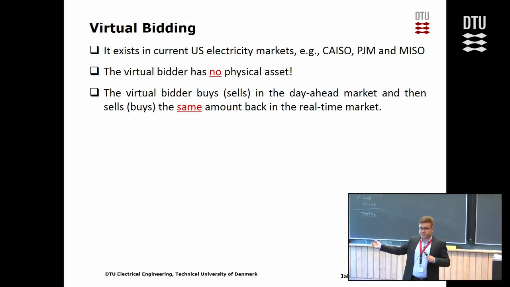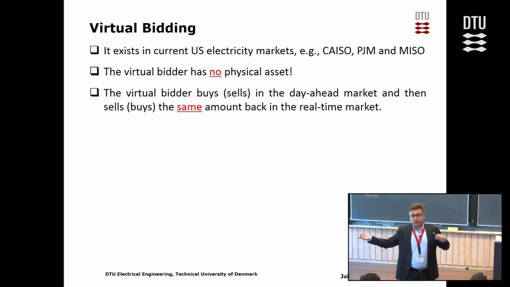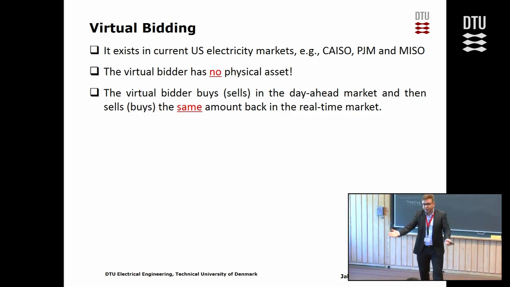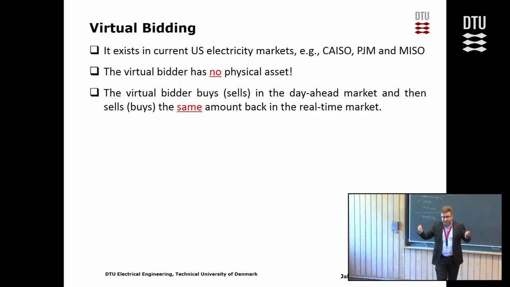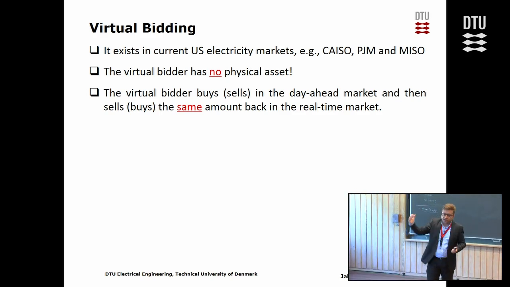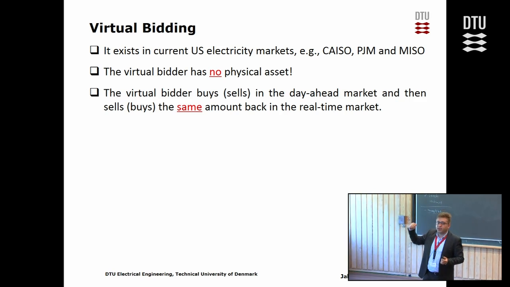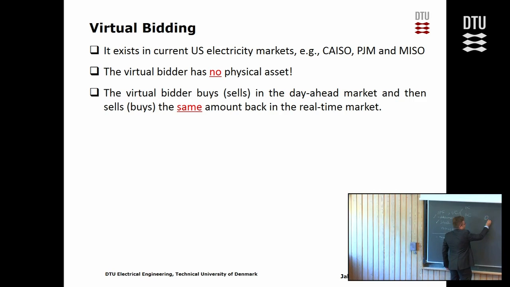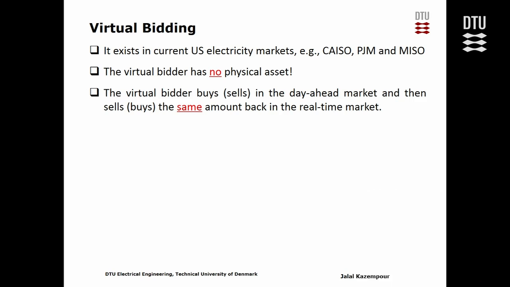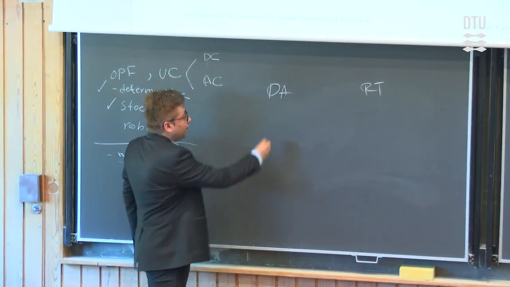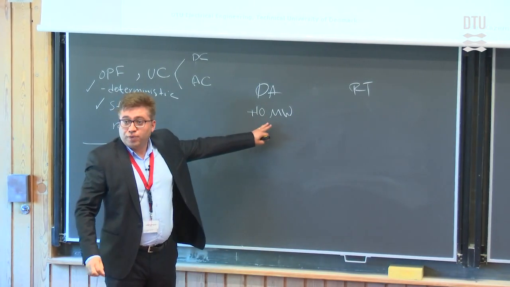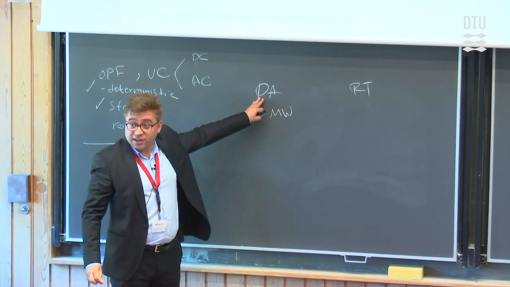You can behave as a load or generator in the day-ahead stage. And then in the real-time stage, if in day-ahead you buy 10 megawatt, behaving as a load, it means that in real time you should behave like a generator. So a virtual bidder goes day ahead, real time. For example, you decide to behave as a load and buy 10 megawatt in the day ahead, and then you pay at the price of the day-ahead market.